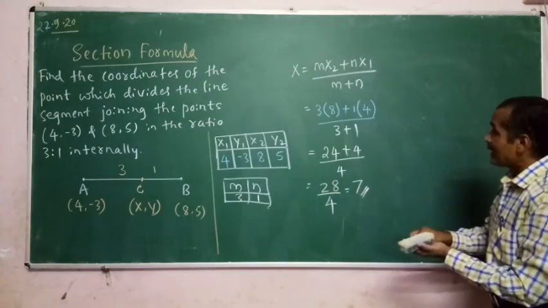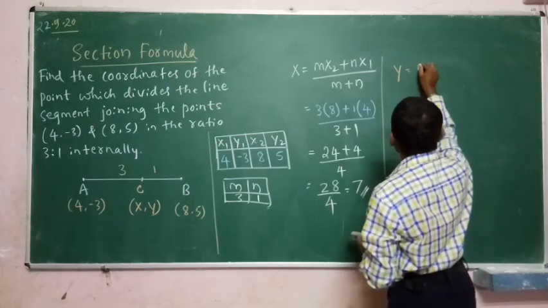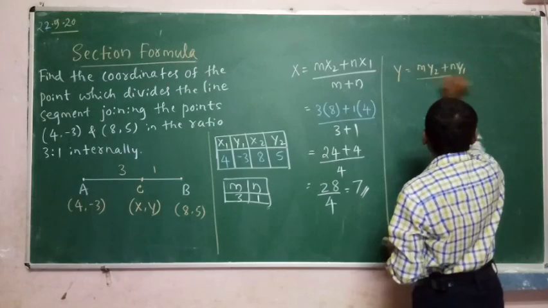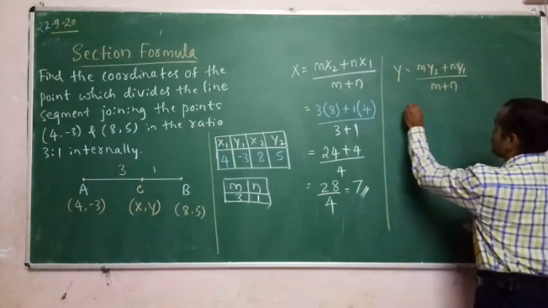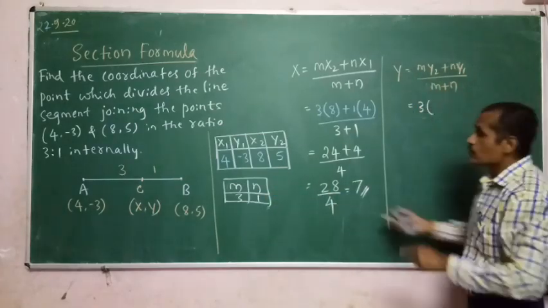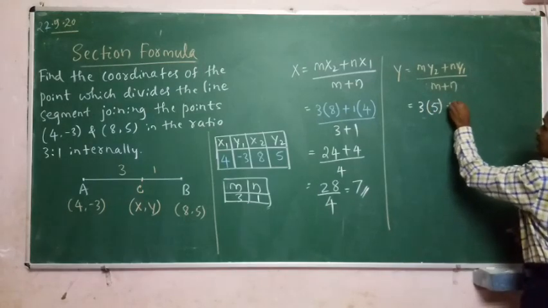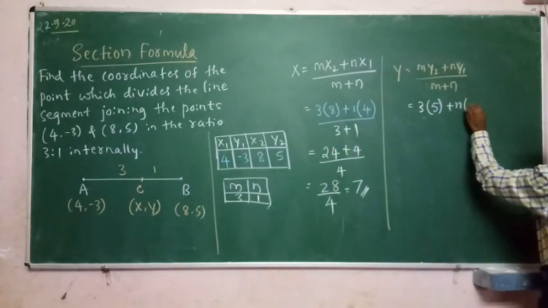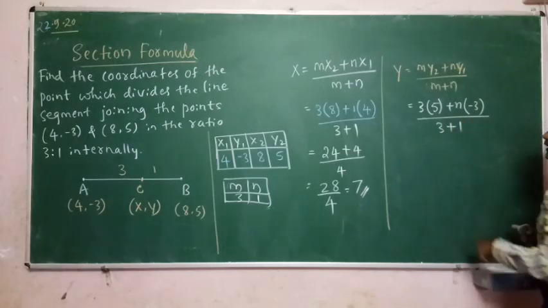Now let me find the value of y. Y is equal to (my2 plus ny1) divided by (m plus n), that is the formula. M is 3 into y2 which is 5, plus y1 which is minus 3, divided by 3 plus 1.